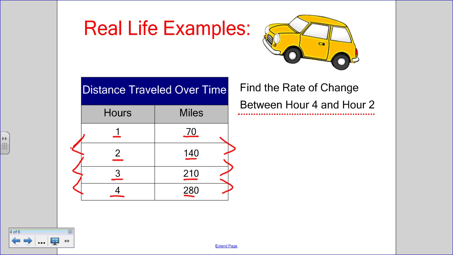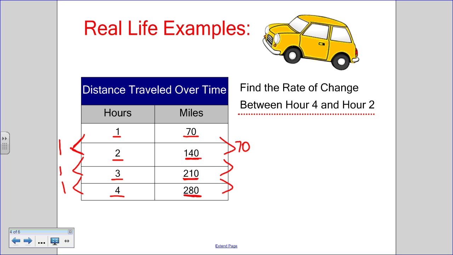Over here we see that our hours are changing by 1 at a time. We go from 1 to 2 hours, 2 to 3, or 3 to 4. If we look over on the other side, we could use some subtraction to find the rate of change of our y values. We might see from 70 to 140 is a change of 70 miles.